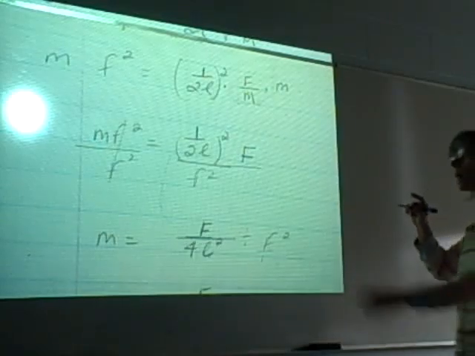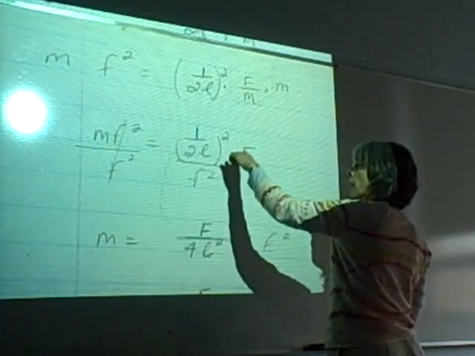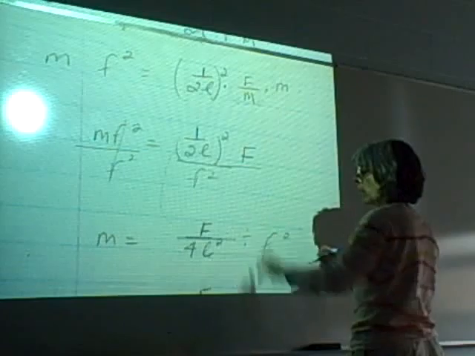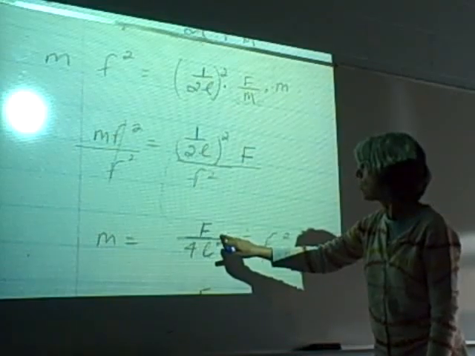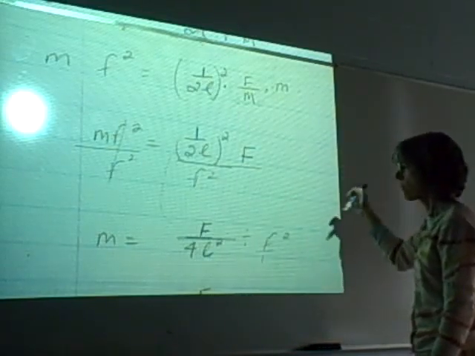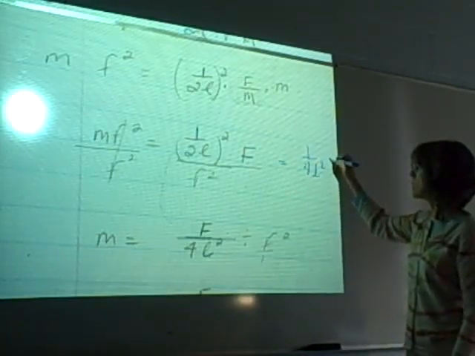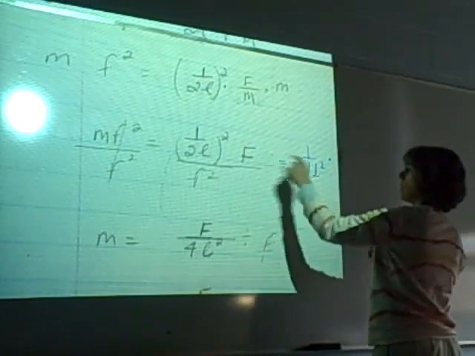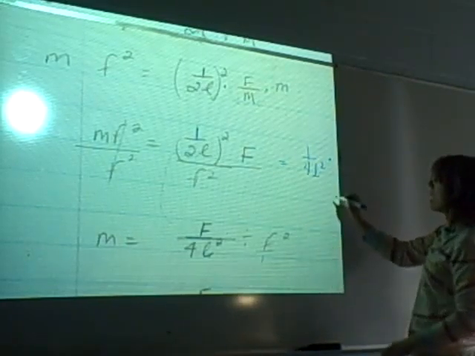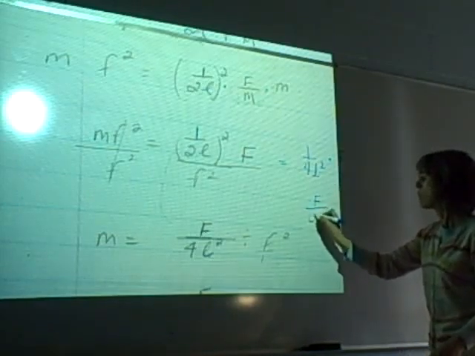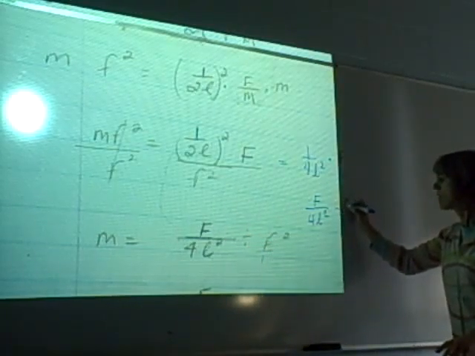Okay, hold on a second. So I got this, I divided this by f squared, right? And I have 1 over 2l squared times f over f squared. I continued multiplying this out, and I have, I'm just going to do it over here, 1/4 l squared times f, correct? Okay, so I can leave this as f over 4l squared, and it was divided by f squared.